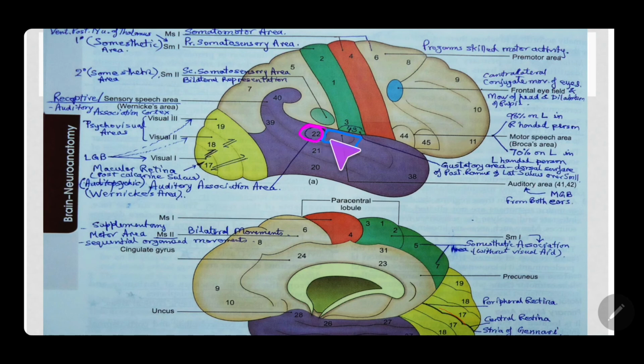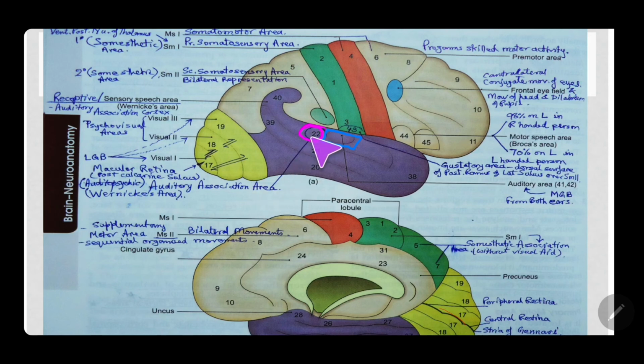Now one thing is also to be understood, that this auditory radiation which was coming from the medial geniculate body does not completely end up or merge with this gyrus of Herschel. Rather, there are some direct fibers from the MGB that also relay here in association areas like area number 22.